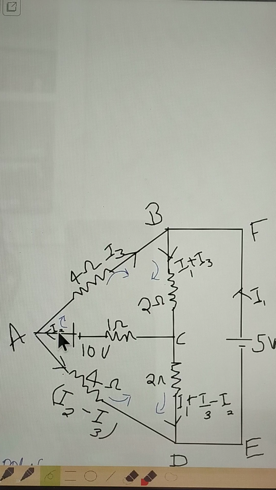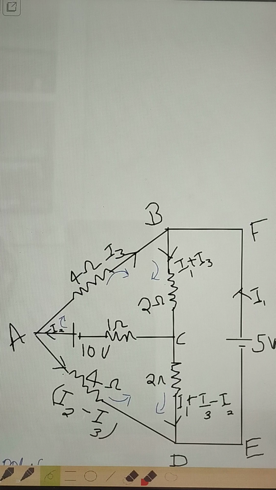So current is coming as I2, then through this 4 ohm resistor I3, and through this branch I3 is coming, and another current I1 is coming in this direction, a separate current. So that I1 will be mixing with I3 and it will be flowing as I1 plus I3.